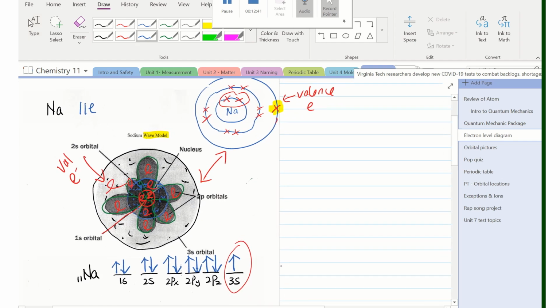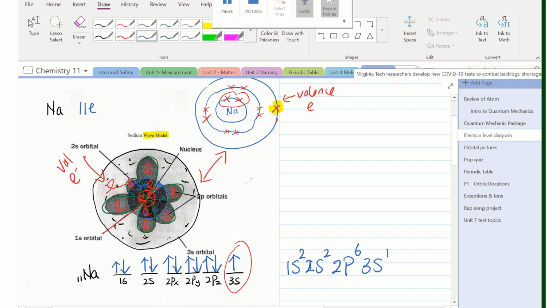And before we ended last day, I also asked you guys to draw the condensed way, because you don't want to draw these arrows all the time. So it's 1s2, 2 electrons in the first orbital, 2s2, and then the p's, you combine them all, x, y, z, and there are 6 of them, and then 3s1.